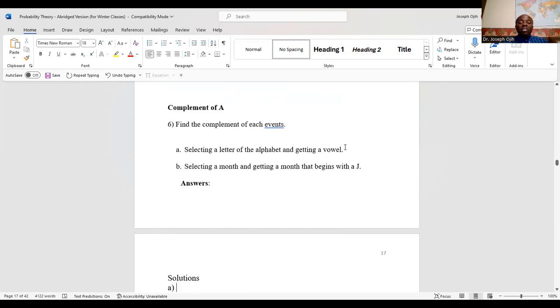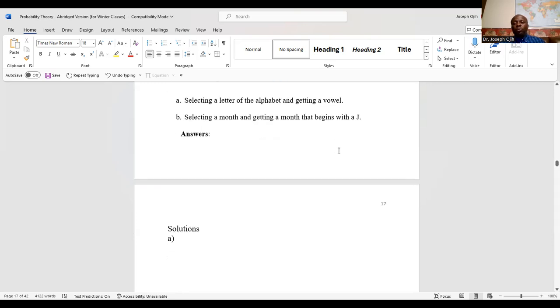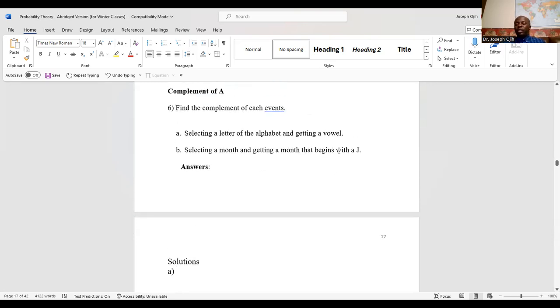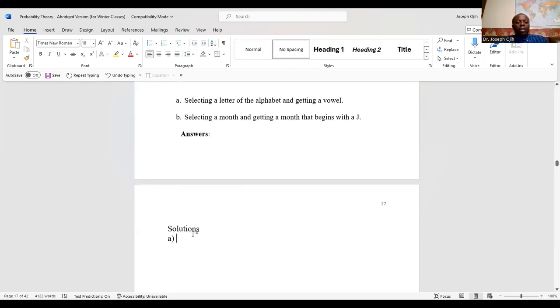The complement means not getting a vowel. Of course, we know that there are 5 vowels in the English language: A, E, I, O, U. So the complement of getting a vowel is not getting a vowel. That means getting the consonants.